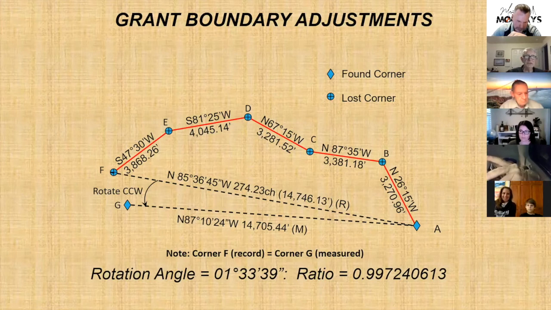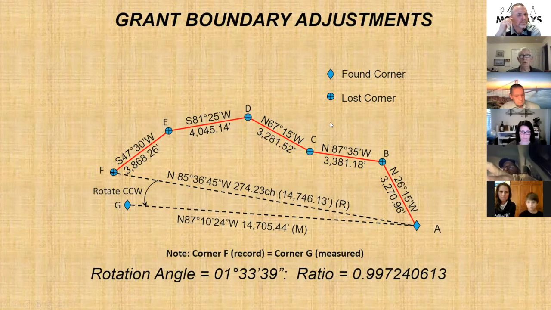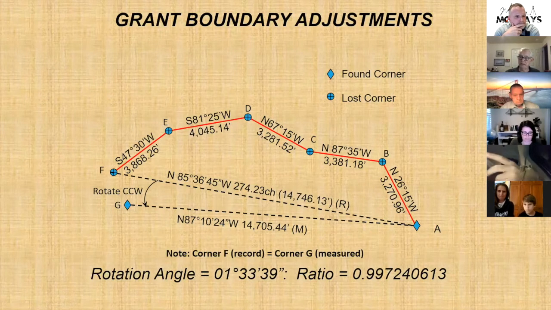Now notice what I'm doing in this situation: I want that record line right here to end up right over top of the measured line down here. So I want to rotate all of this information counterclockwise. You see how that works? Just moving it counterclockwise.